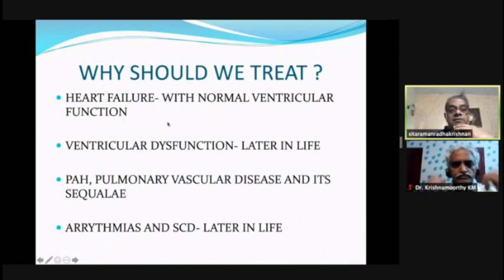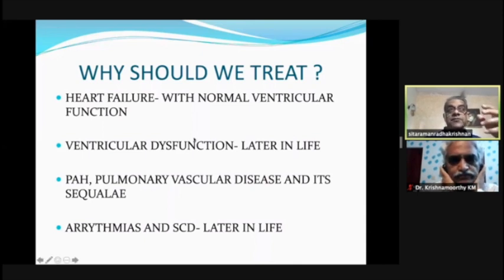All these patients with heart failure who present to us in the first 1 year of life typically have normal ventricular function. You must have heard about heart failure in anemia, thyrotoxicosis, AV fistulas. So, congestive heart failure with left to right shunts actually falls under the same category.